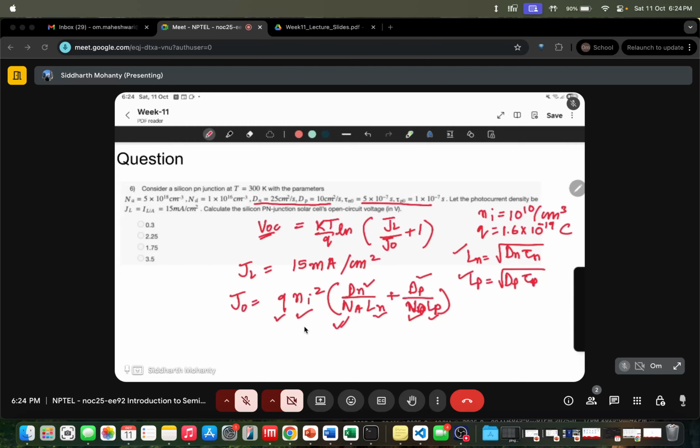So this J0 you will substitute here. JL is given. kT by q will be 0.026. And then VOC can be calculated. When you calculate VOC, it comes out to be 0.3.